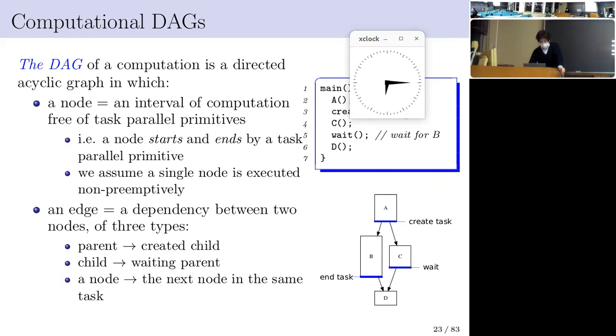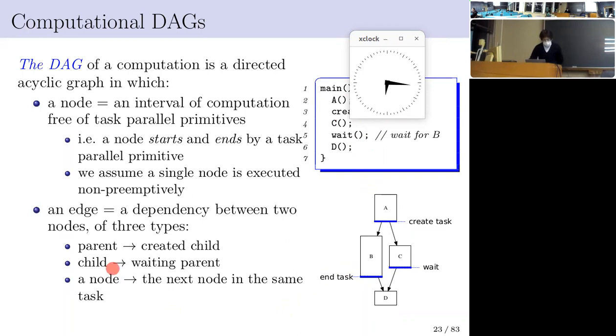B is created after A, so there's a dependency from A to B. This represents that in this program, there's no way you can start B while A is still not finished, because you create B here after A is finished. So B is created only after A is done.